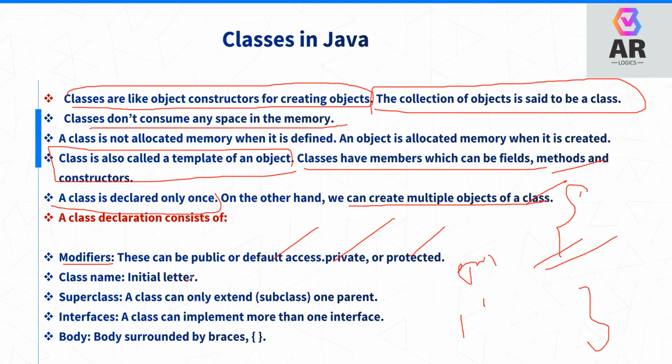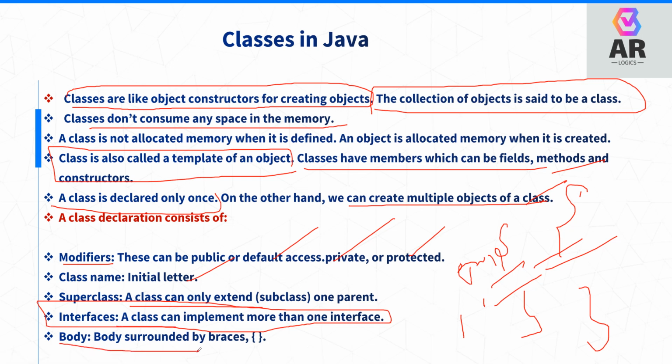A class can be inherited from superclass to subclass, which we will discuss next. A class can implement more than one interface. The class body is surrounded by braces.